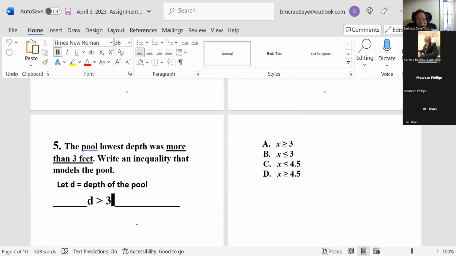More than means the same as greater than. That's right. When it says write an inequality that models the pool, you want the inequality that models more than 3 feet.